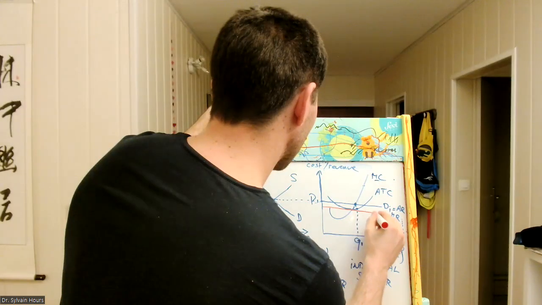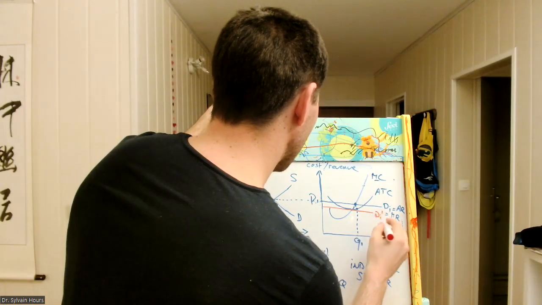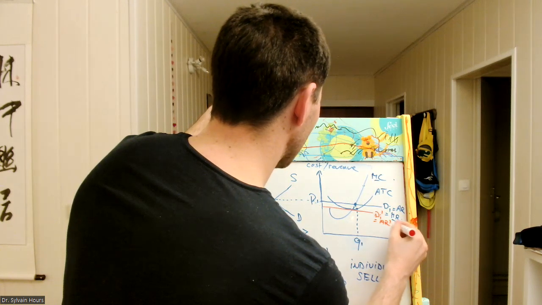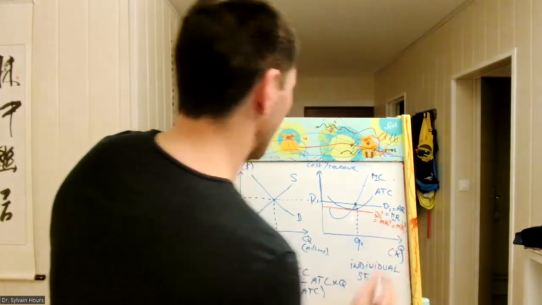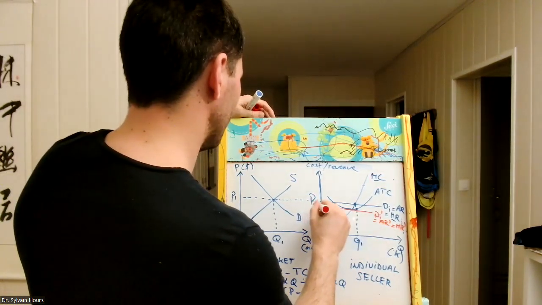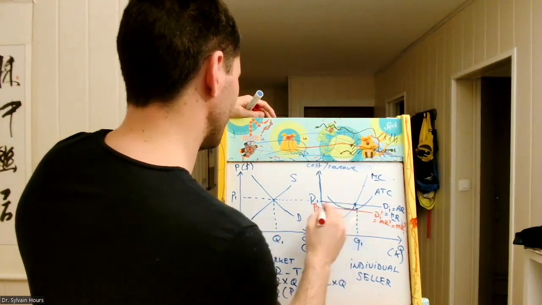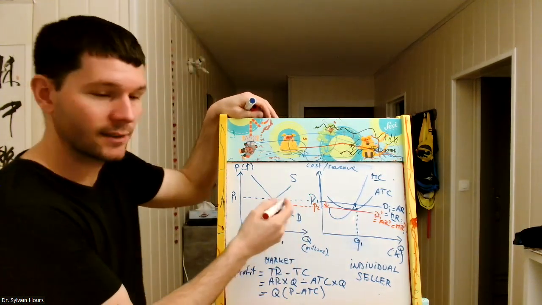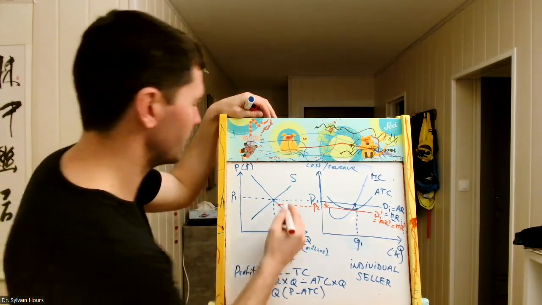So it's D1 prime, which is, again, the new average revenue and the new marginal revenue. So that's where we must be. Let's call it P2. Price has decreased. So that tells me where I should be, the new equilibrium price.